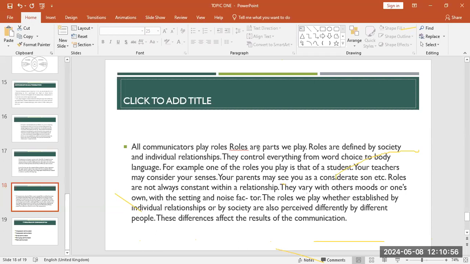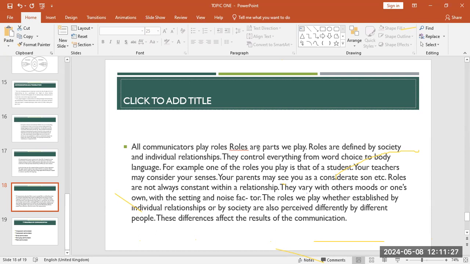They vary with people's moods, with the setting and noise factor. The roles we play, whether established by individual relationships or by society, are also perceived differently by different people. These differences affect the results of communication.